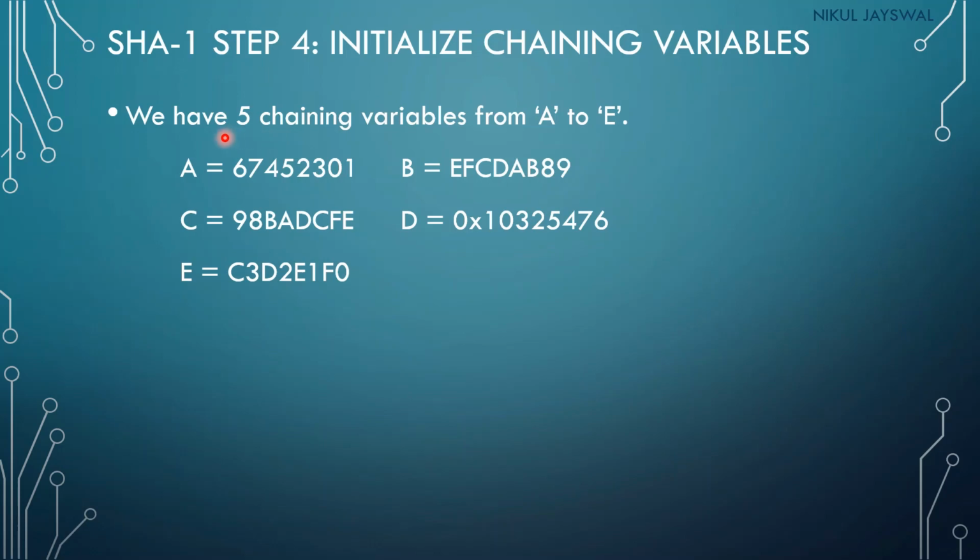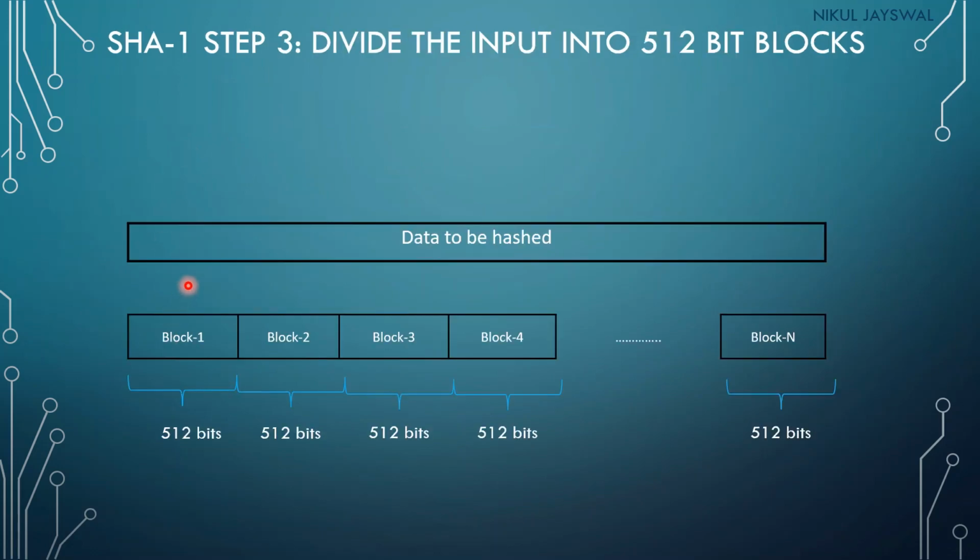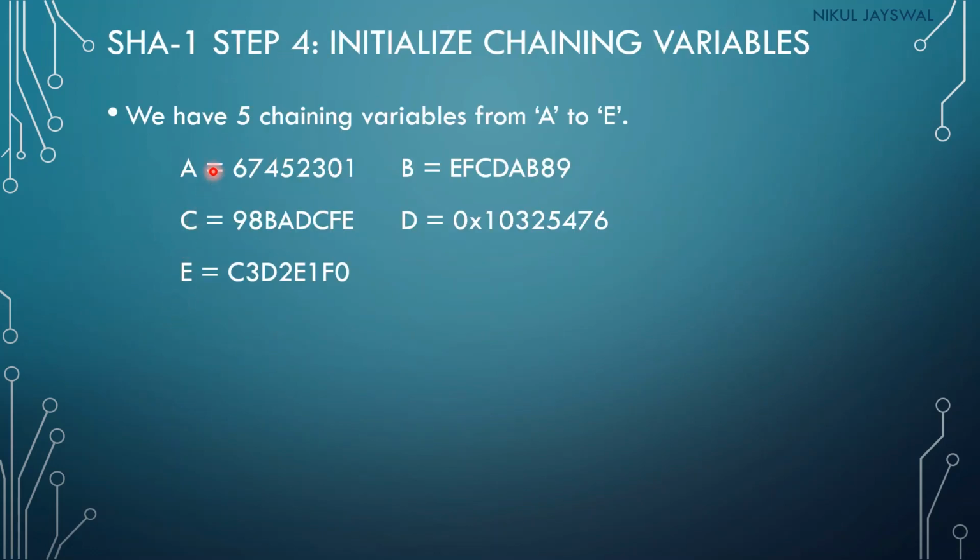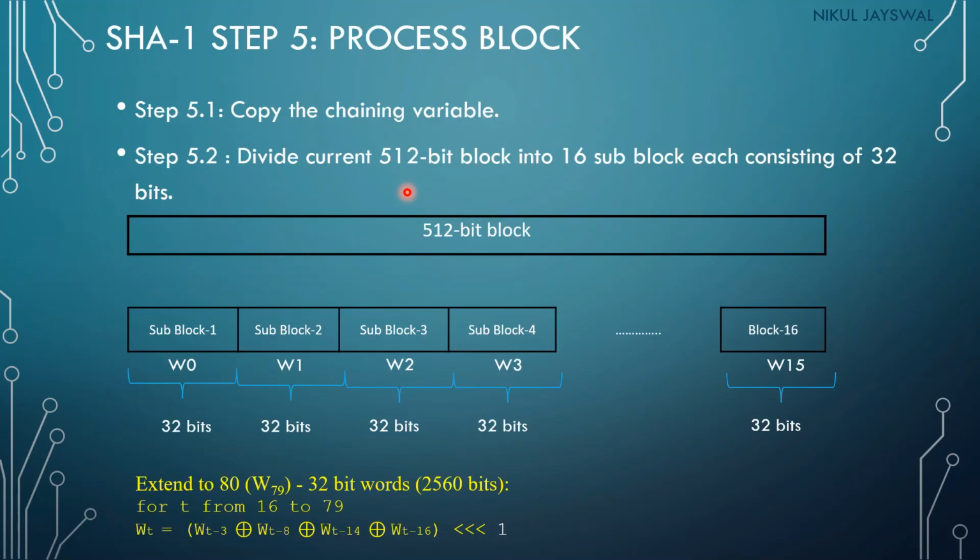For that initialization, to take the input in block 1, we have 5 variables called A, B, C, D, and E, and they have predefined fixed values. For A, it is hexadecimal 67452301. For B, it is EFCDAB89. You do not need to remember this, but you need to remember that we have 5 fixed chaining variables. So that is step number 4.